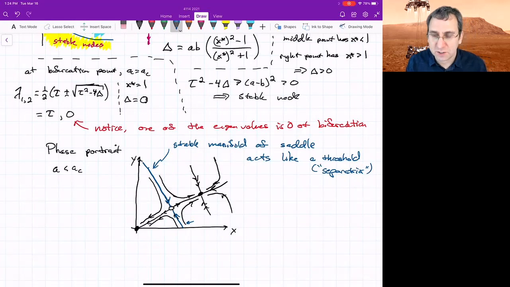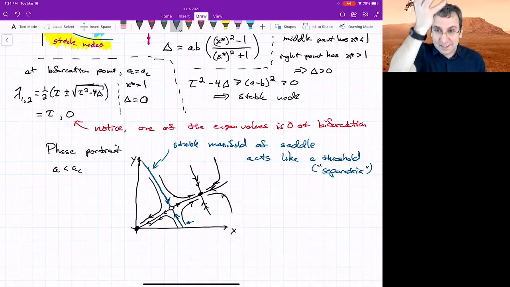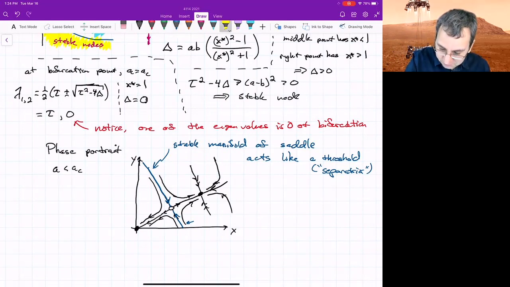And the biological interpretation would be that it determines whether the gene turns on or turns off, depending on the initial concentration of X and Y. Remember, this was related to the concentration of some messenger RNA and a protein. So if you're above that stable manifold, then you will be going to the on switch.